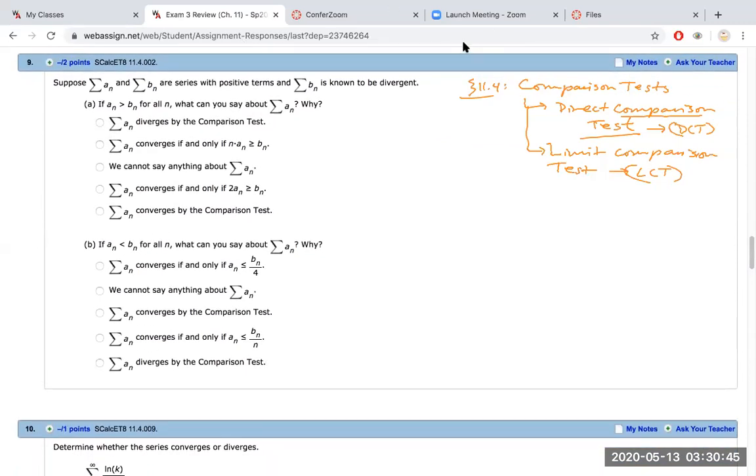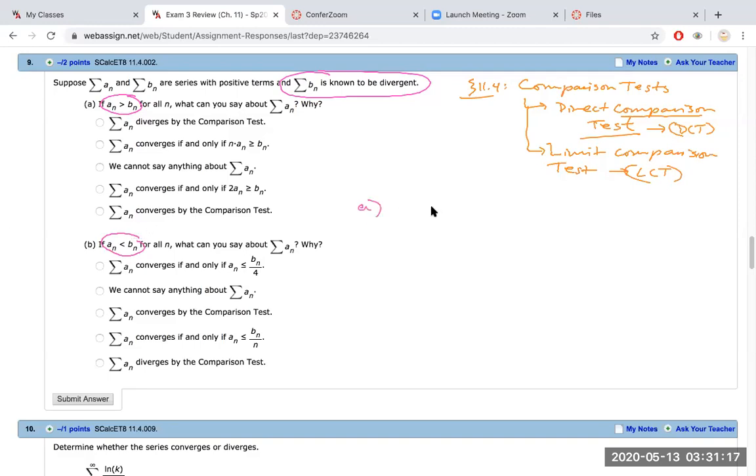Okay, so now we are looking at series a sub n, series b sub n, excuse me, they have positive terms, and we know that series b sub n is divergent. So we're going to compare when a sub n is greater than b sub n with when a sub n is less than b sub n.